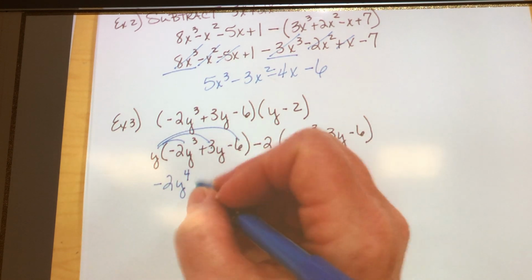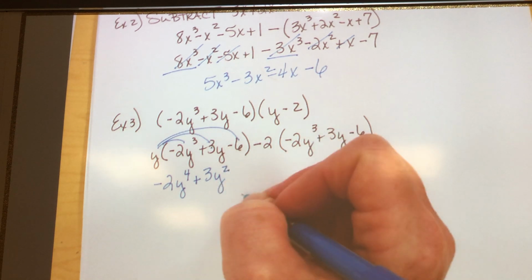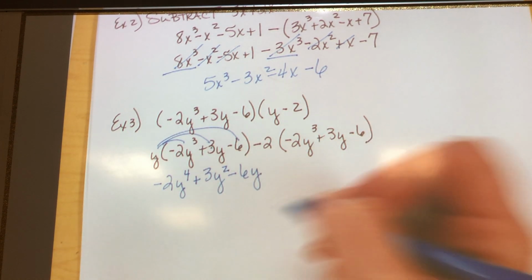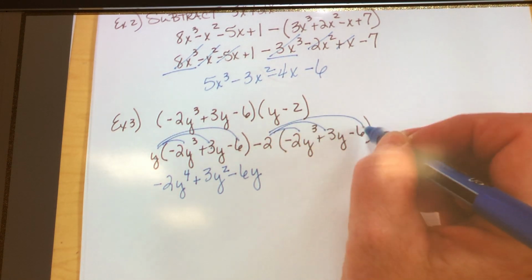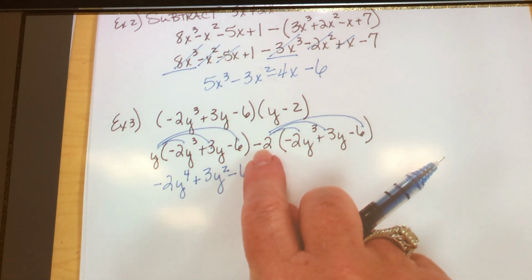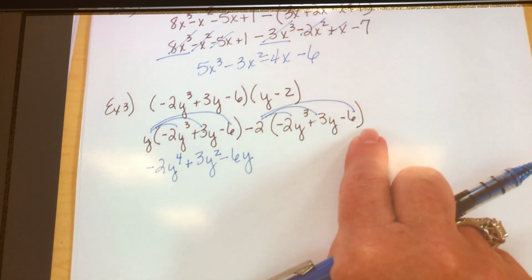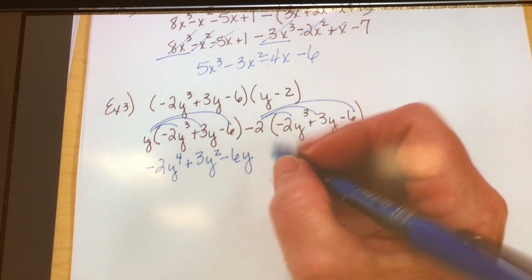This becomes plus 3y squared, and this becomes minus 6y. I'm going to do the same thing here. Now this time, my brain's going to say, you better be careful distributing a negative. It's going to change all these signs right here. What's negative 2 times negative 2y to the third?